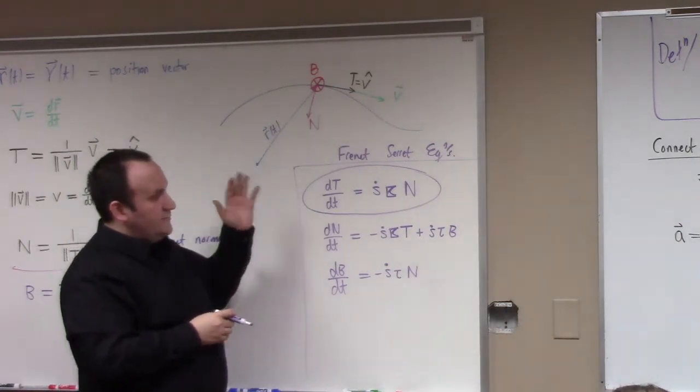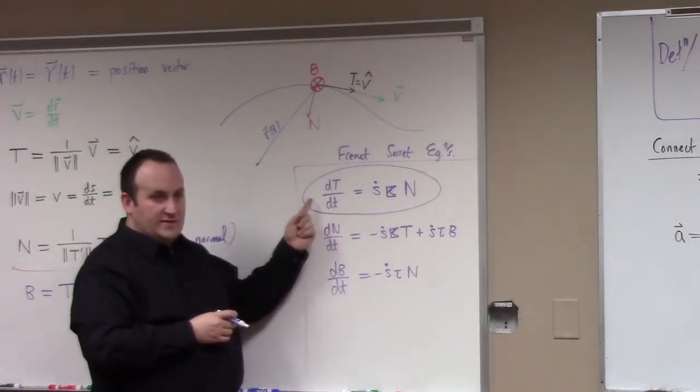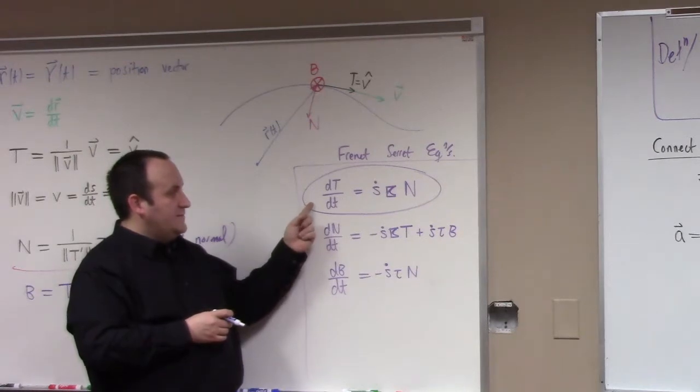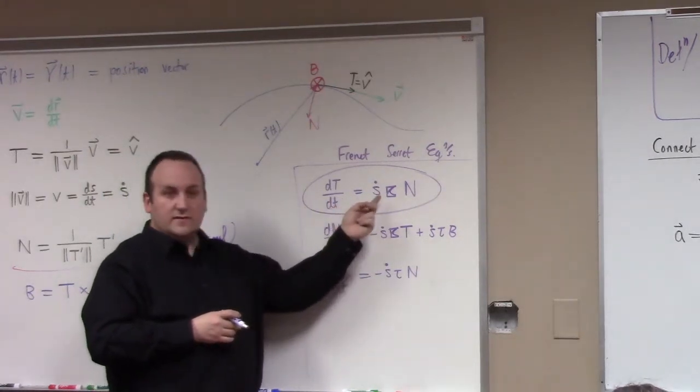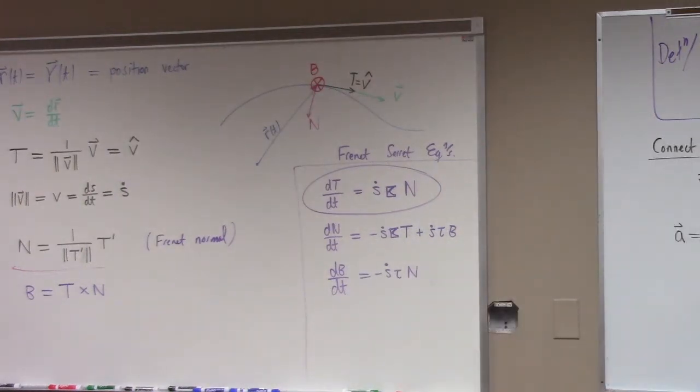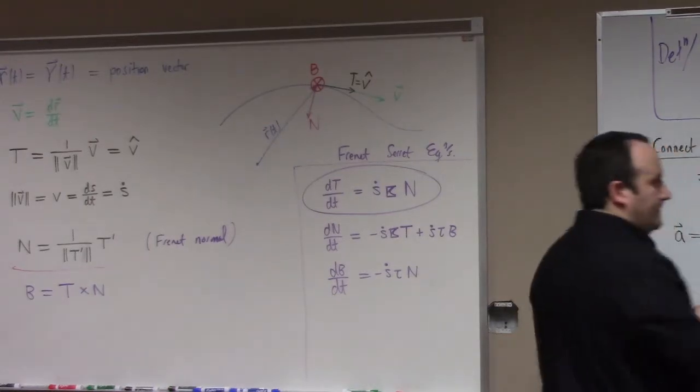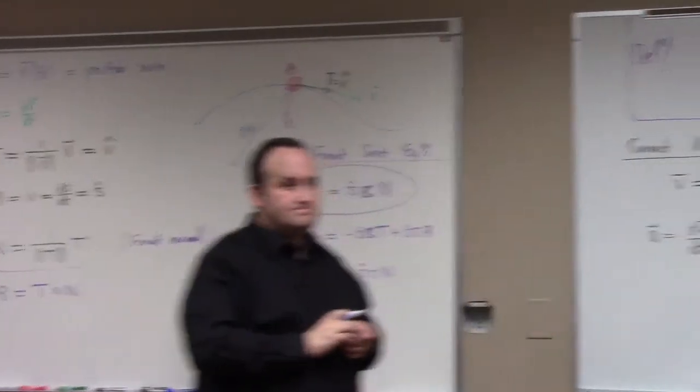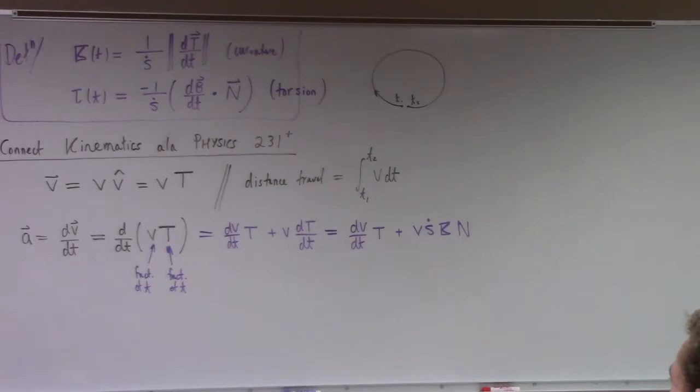So we can simplify the derivative of the unit tangent to rewrite in terms of speed, curvature, and normal. This is equal to dv/dt times T plus v times s dot kappa times the unit normal, using the Frenet-Serret equation.